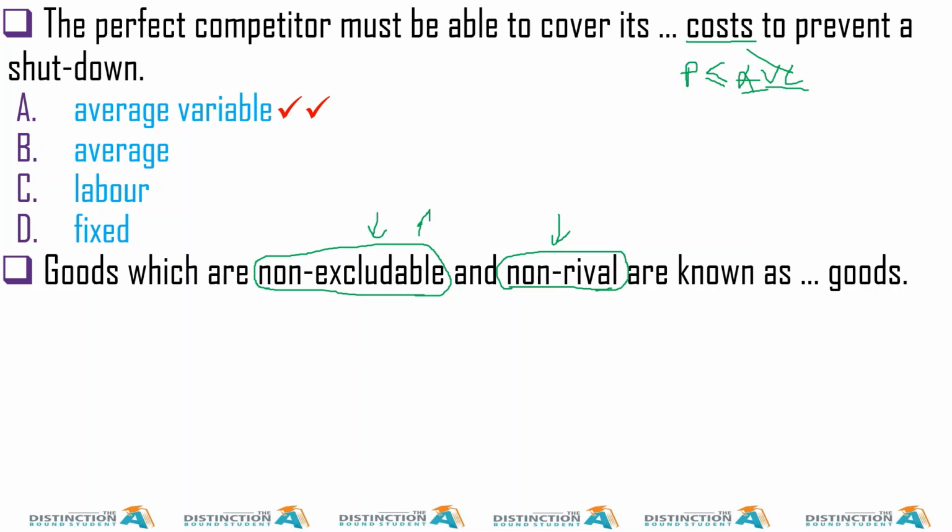And then the other part of the characteristic of these public goods is the non-rivalry. But if we look at normal goods and services, they are rivalry, meaning consumption by one does diminish consumption by the other. In terms of non-rivalry, it means consumption by one does not diminish consumption by the other.